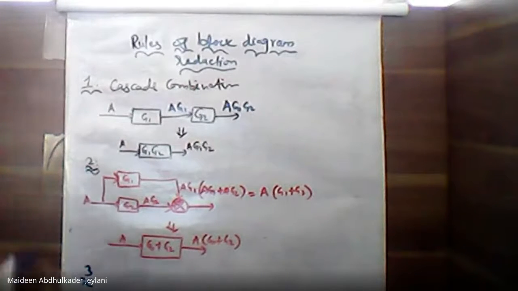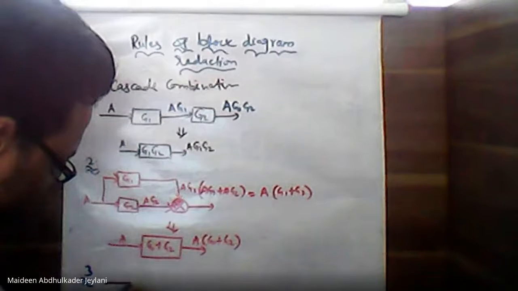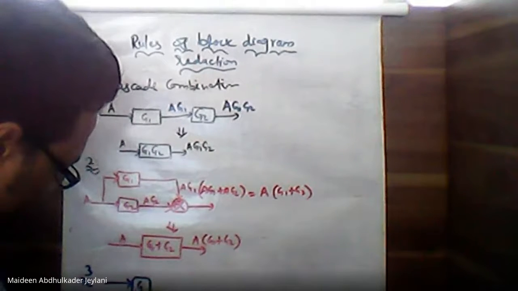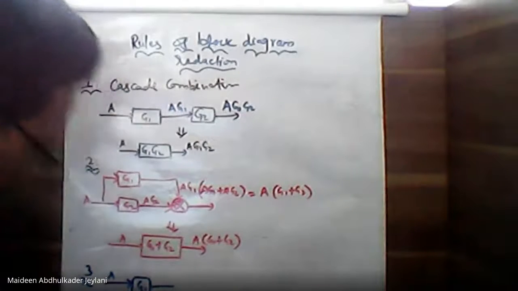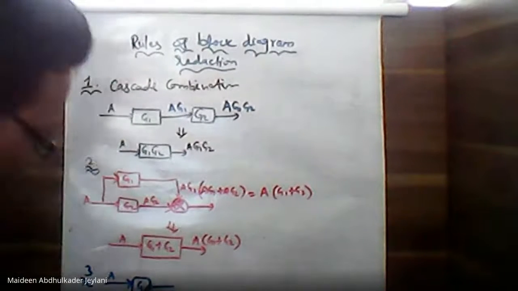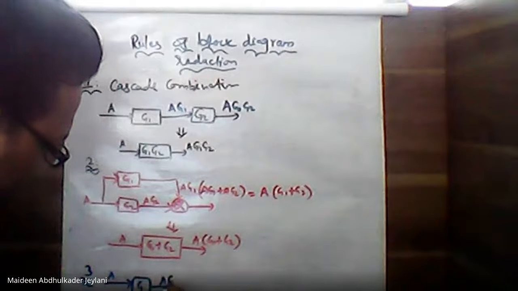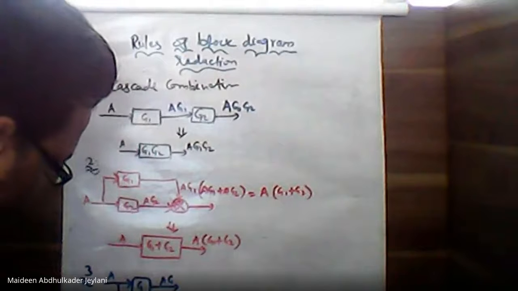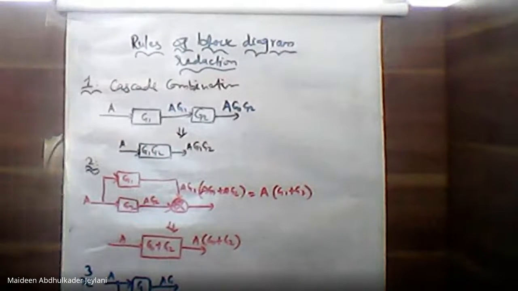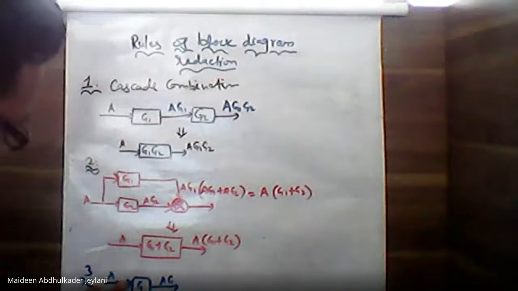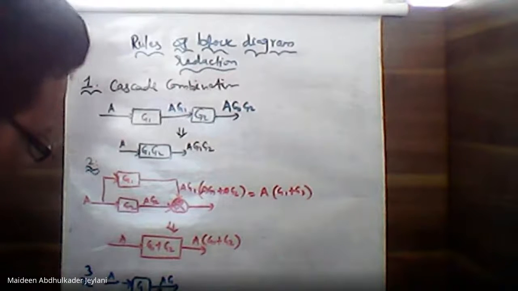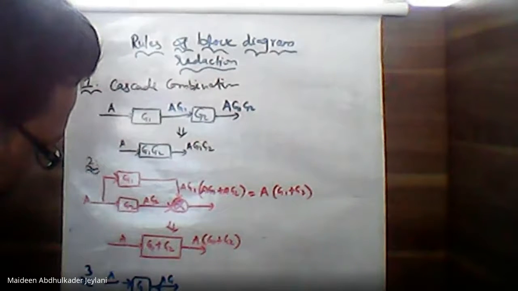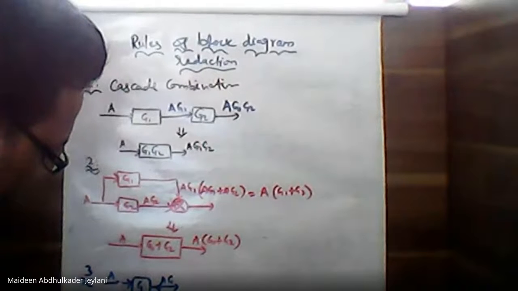Branch point, as we all know, what we have seen in the block: A into G. So this is our branch point A. Branch point A here, or otherwise you have the branch point here, which is AG.